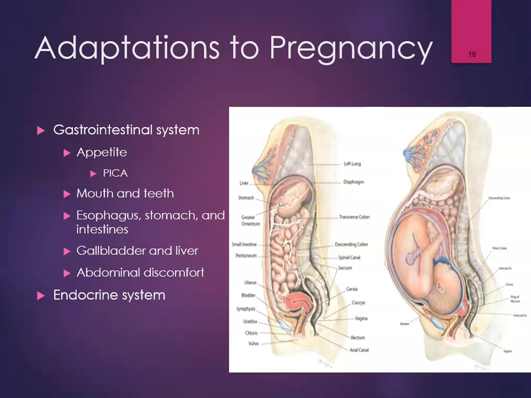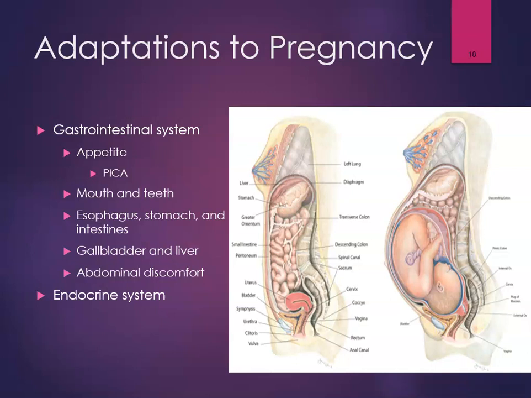In fact, there are instances where it causes a very high HCG level, like we'll talk about when we talk about high risk pregnancies, hyperemesis gravidarum, where they have really intense nausea and vomiting to the point they need hospitalization. That has been associated with really high HCG levels. So certain hormones can cause that increased nausea.